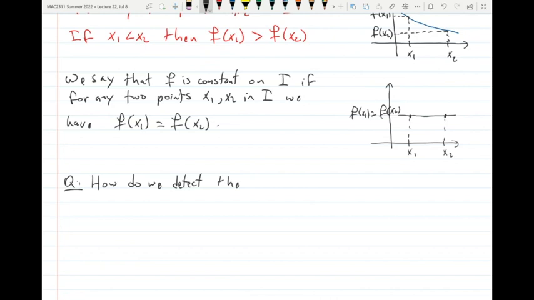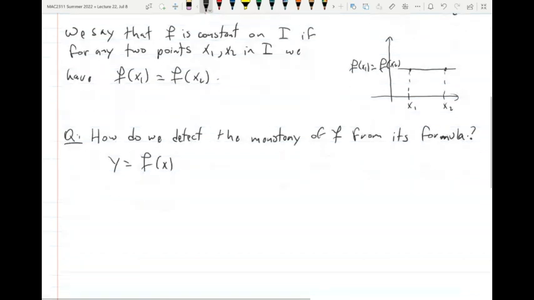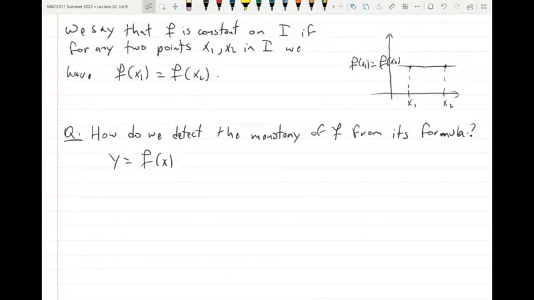Increasing, decreasing is called the monotony of a function in general. Okay, how do we detect the monotony of f from this formula? So if you have the formula y equals f of x, how can this help us find the derivative, and then how can this help us detect what's going on with the function?